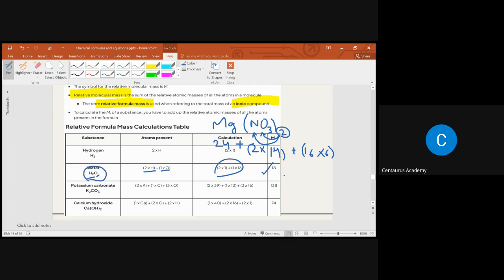Yes. Does anyone have calculators nearby? 148. So this is how you find the relative molecular mass of a particular compound. It is basically the sum of all the atoms present in the chemical formula.